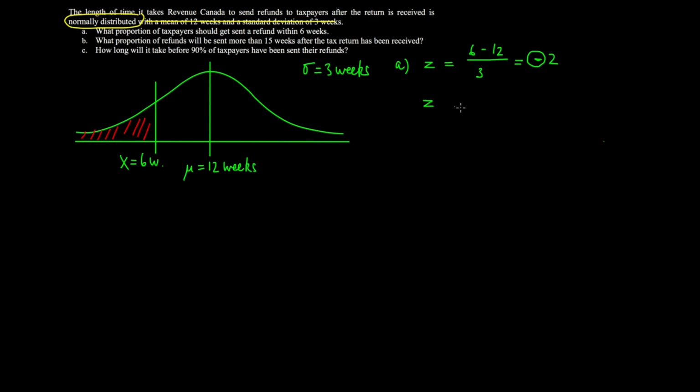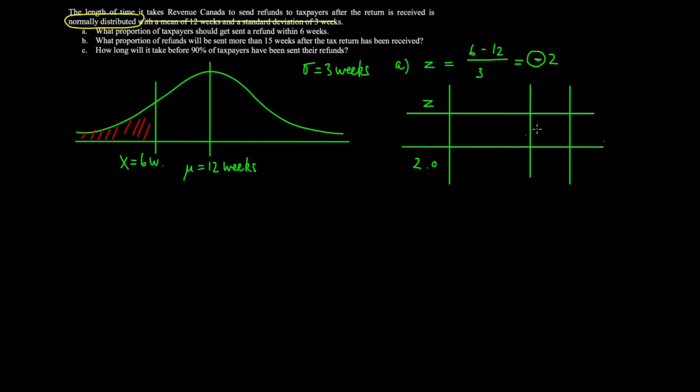So now in the z-table, we are going to find the cross between 2.0 and 0.00, which is this number right here, 0.4772. And are we done? No. Why? Because we're trying to isolate for the tail. So we know that this right here is 0.4772, but this is what I want.